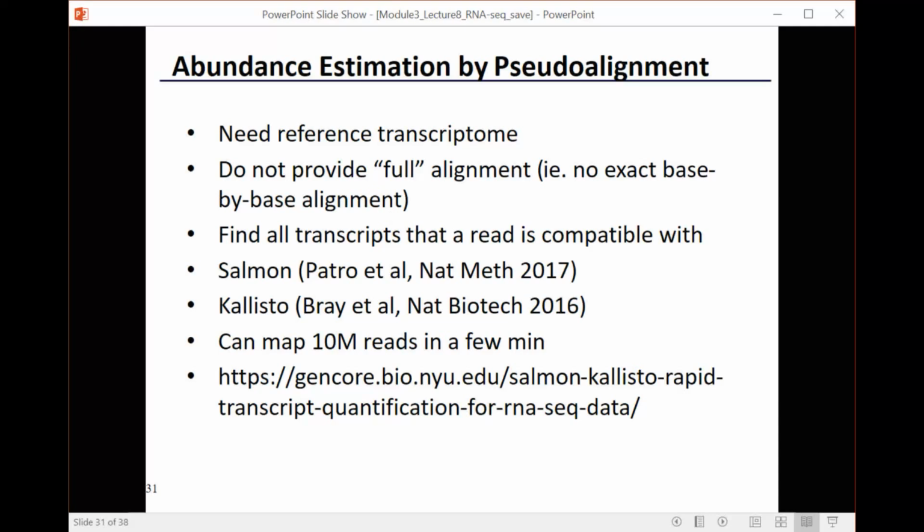They just roughly estimate where the read falls within the transcript regions, then assign this read to the transcript. It finds all transcripts that a read is compatible with, and it's very fast, able to map 10 million reads in just a few minutes.